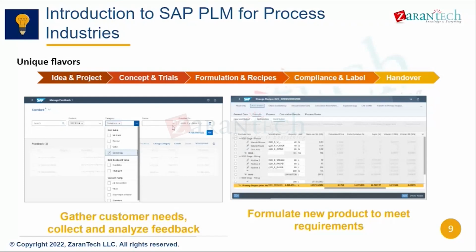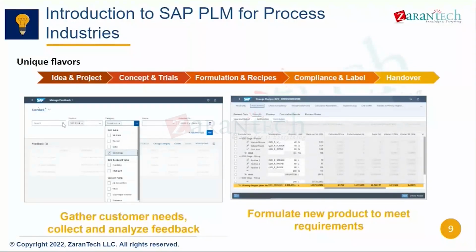That requirement ID will have a link to your recipe, and the requirement can be taken by the recipe developer for further development. If the product already exists, they will create a new version of that recipe, substitute that particular component, and then hand over.